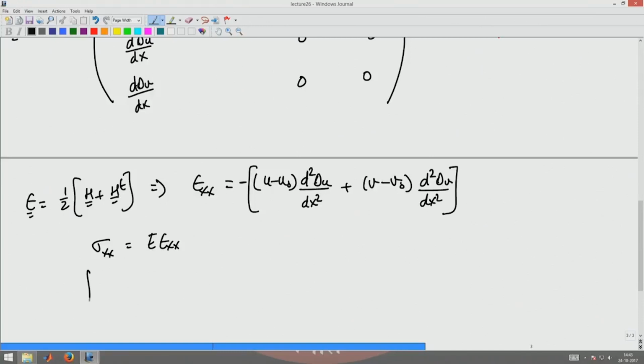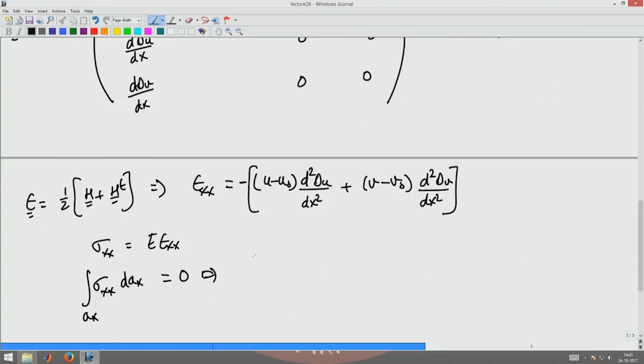Then I am interested in finding integral sigma xx dAx, that is the net axial force in the cross section. This we said is 0 for beam bending problems. Okay. So, this has to be 0.